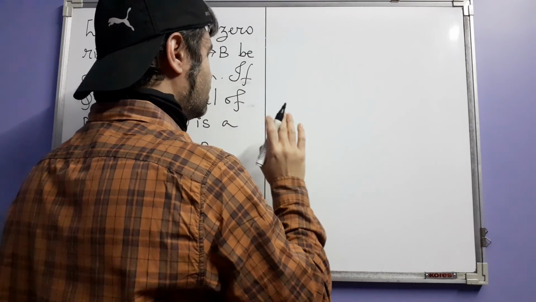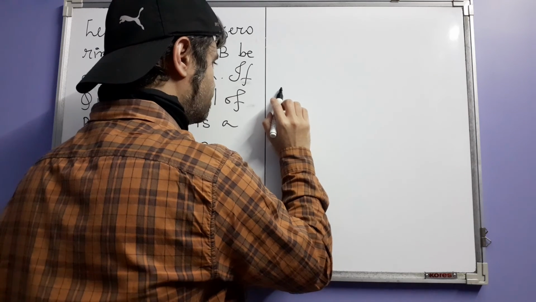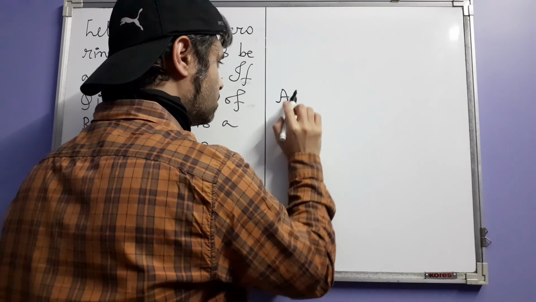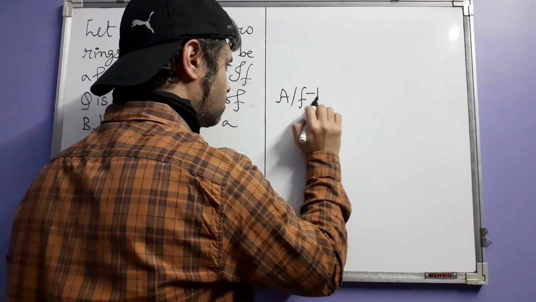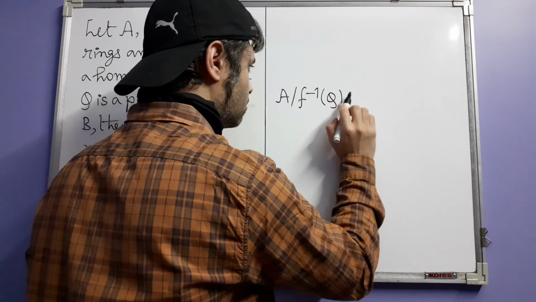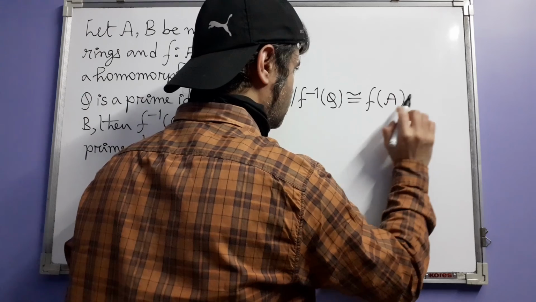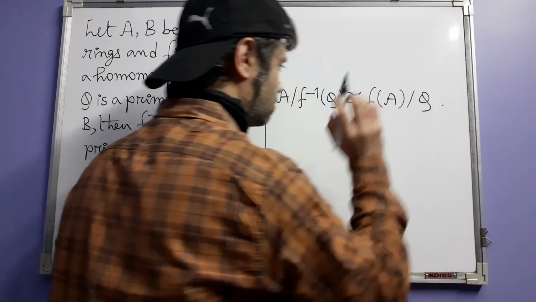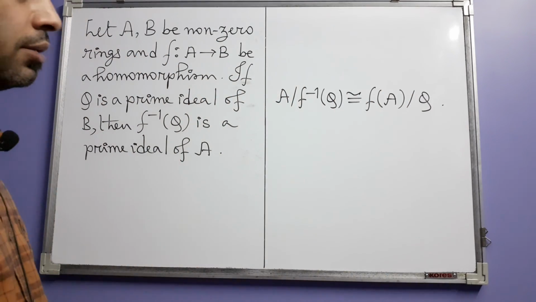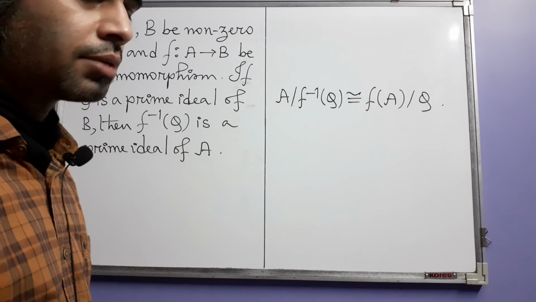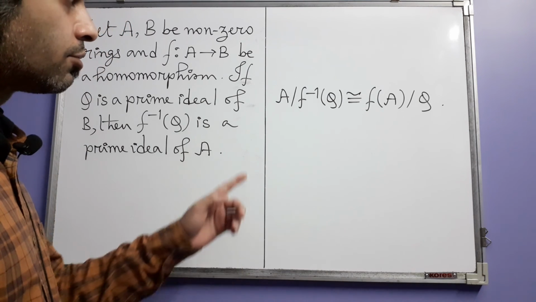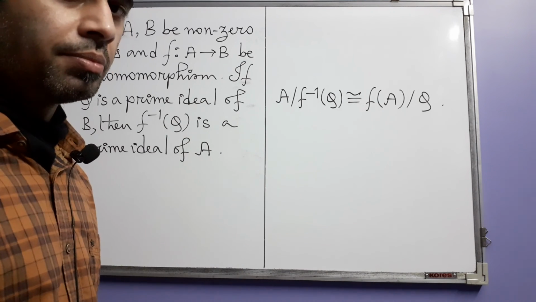We did something like this in that proof. Okay, we used the correspondence theorem for rings to have this isomorphism.